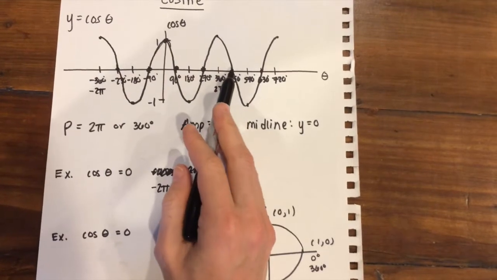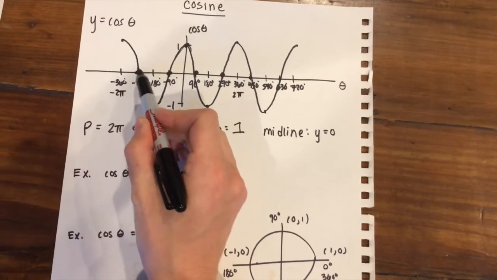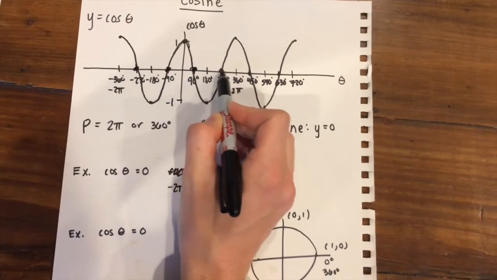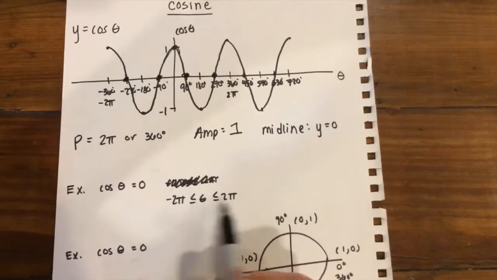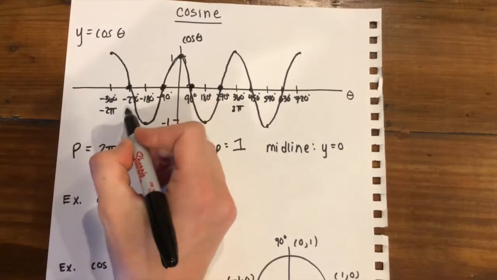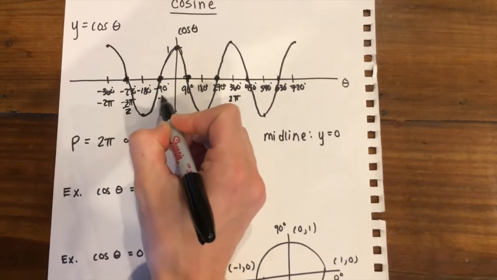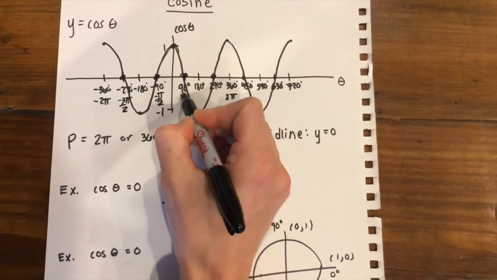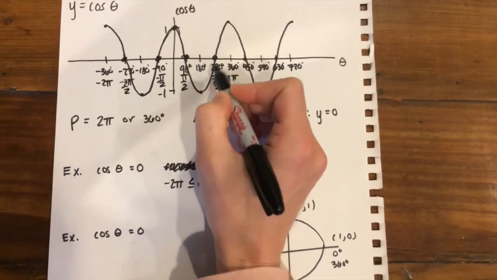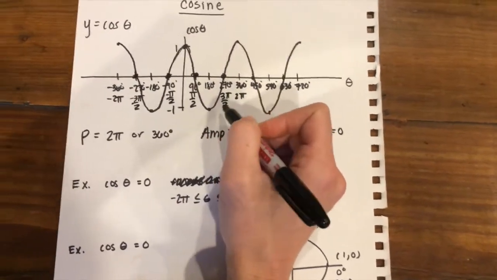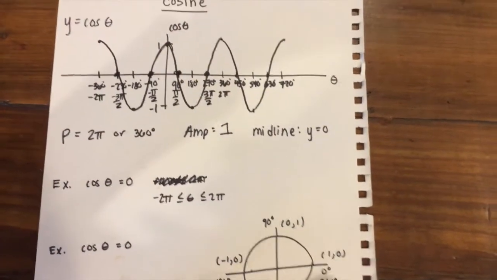So where does cosine equal 0? Well, cosine equals 0 in a lot of places. Here, here, here, and here. So I've got 4 solutions, and it's asking for it in radians. So I'm going to go ahead and change this. I know this is negative 3 pi over 2. I know this is negative pi over 2. This is pi over 2. And this is 3 pi over 2 if I were to convert from degrees to radians, or just look back at the sine function for what your increments were there.